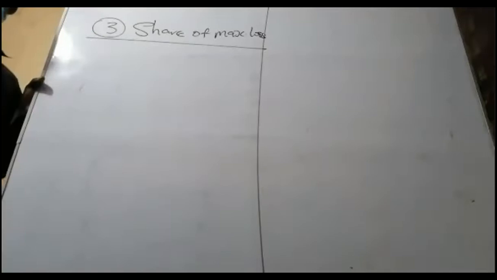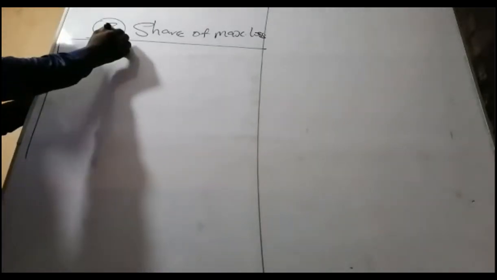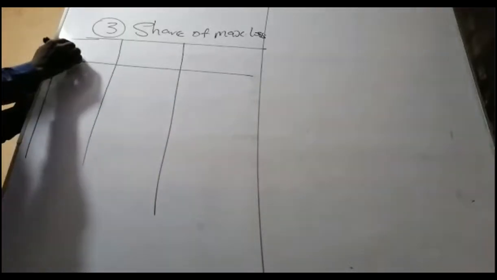Now, the table looks like this. We first of all have to start with the key stakeholders. And these key stakeholders, you know them already. It's coming from step 1. So here are the key stakeholders.